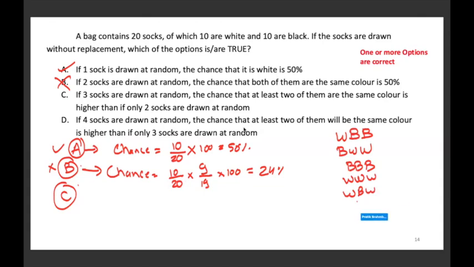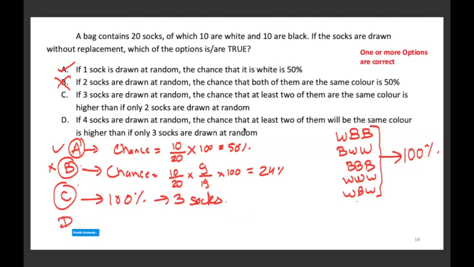So ये सब possibilities में 2 तो निकलेंगे ही आपके same color के, क्यों? क्योंकि 2 टाइप के socks है, that's why. And you are drawing 3. So the chance is actually 100% when you are drawing 3 socks.